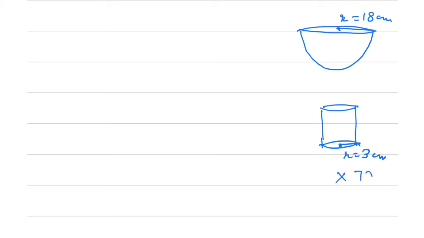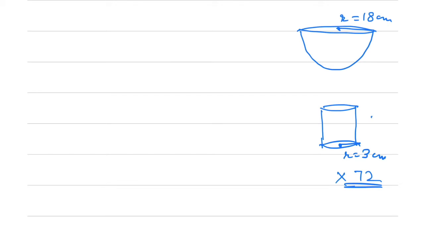Question number 12. In this question, we are given a hemispherical bowl of internal diameter 36. So I'll take radius equal to 18 centimeter. And the liquid in it is filled into 72 cylindrical bottles. So this is my cylindrical bottle of diameter 6, so radius is equal to 3 centimeter. We have 72 bottles.